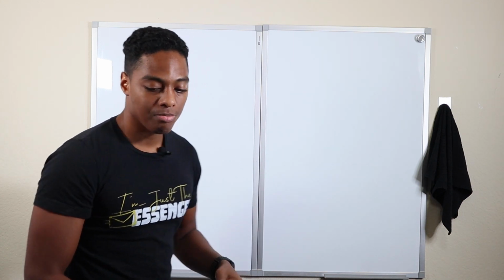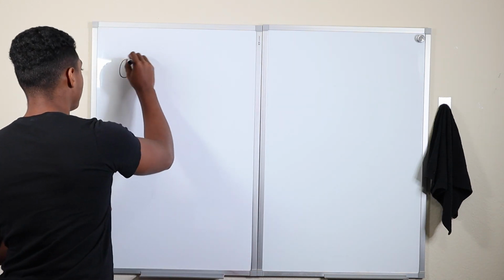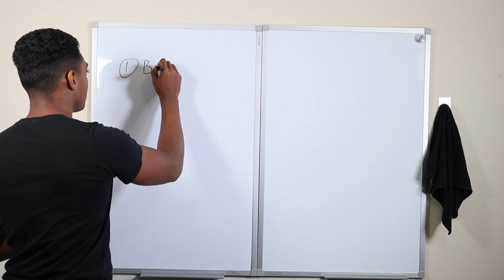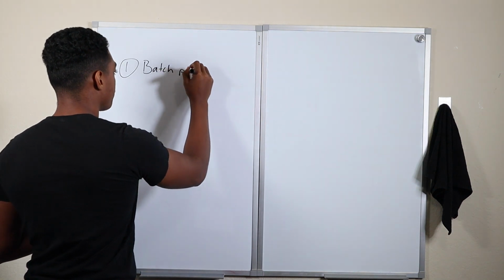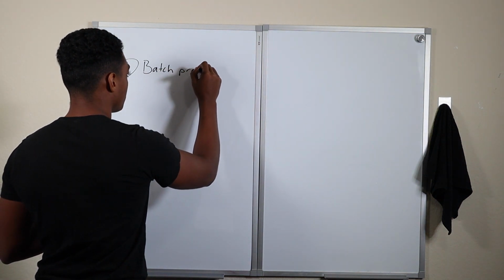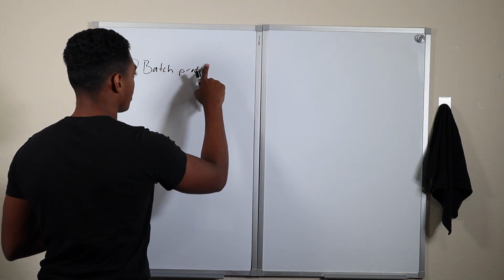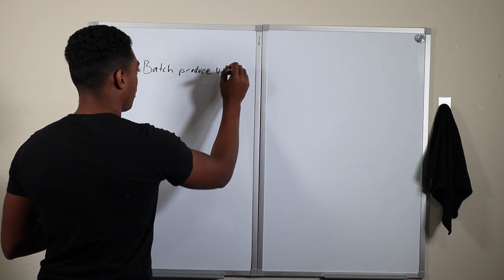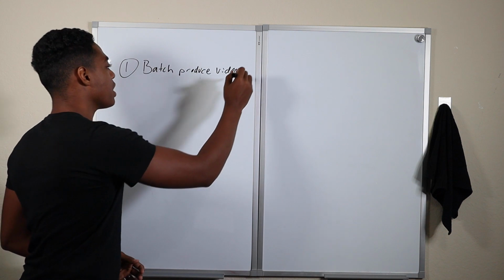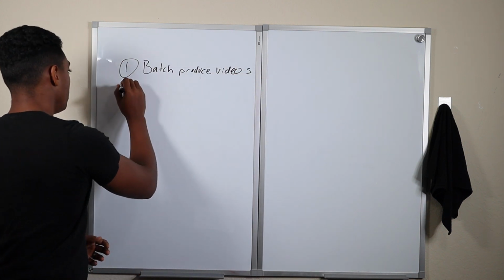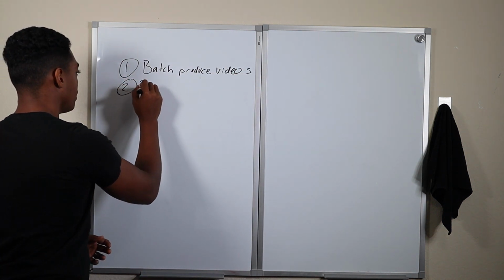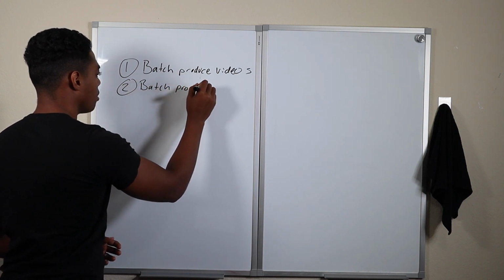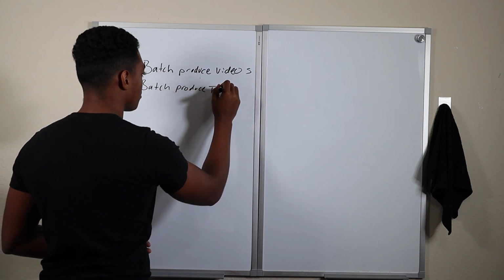All right. So number one, and I talked about this in the last section, is we want to batch produce videos. Number 2, we want to batch produce thumbnails.